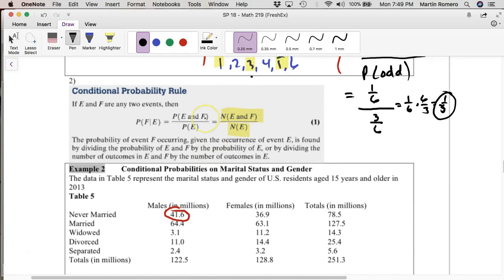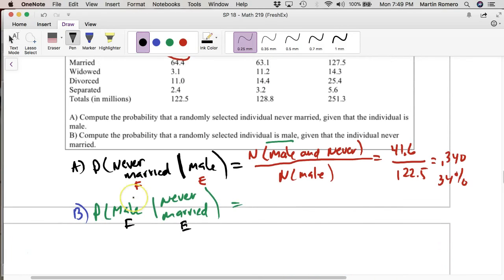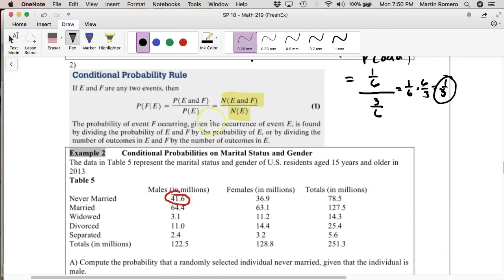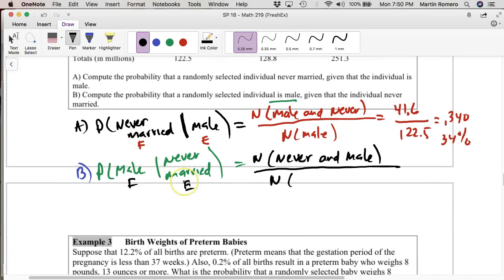The number that are E and F. So in this case, it's the number that are never married and male, divided by the number that are in event E. Event E is never married.